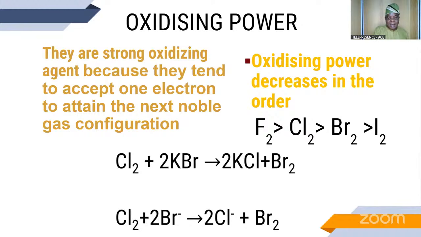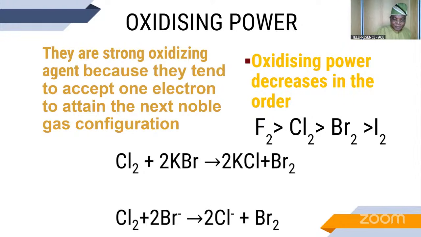Likewise, here, chlorine gas, when it is passed into potassium bromide, because chlorine has more oxidizing power than bromine, chlorine will displace bromine from a solution.